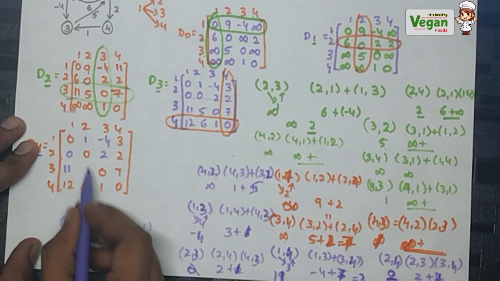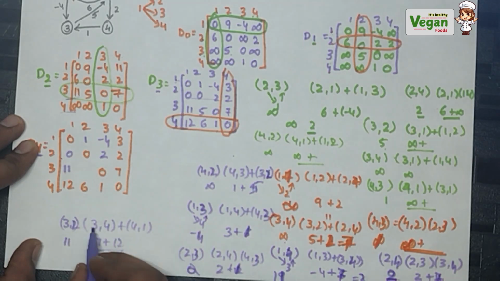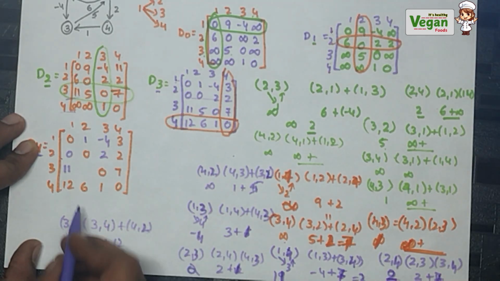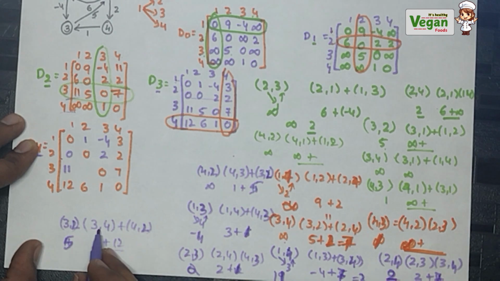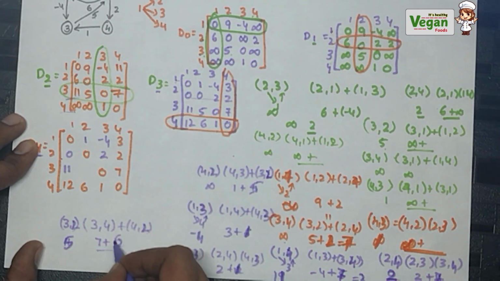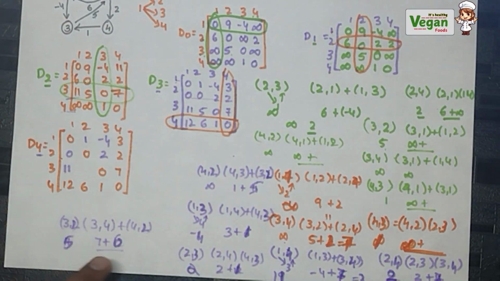Next 3 comma 2. To find 3 comma 2, 3 comma 4 plus 4 comma 2. 3 comma 2 value is 5 and 3 comma 4 value is 7. 4 comma 2 value is 6. So 7 plus 6 will be 13. Among 13 and 5, which is the smaller one? 5. So we will be writing 5 here.